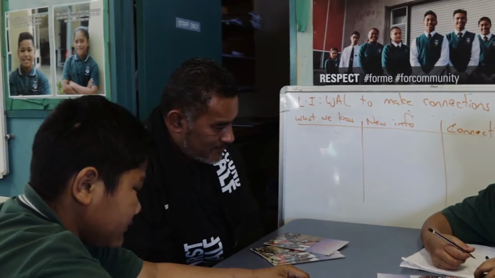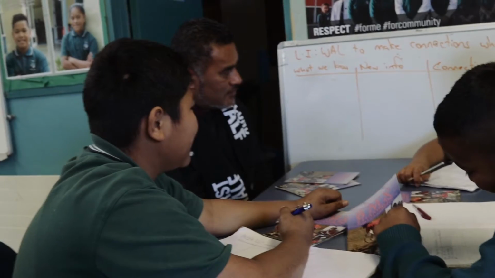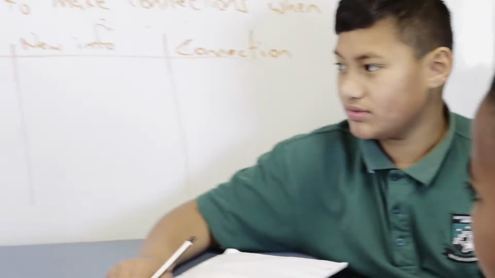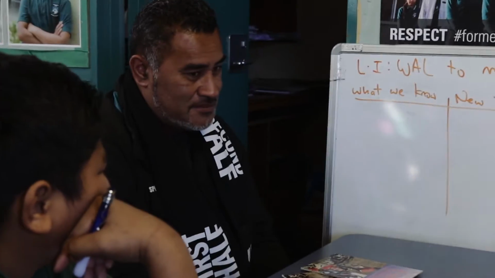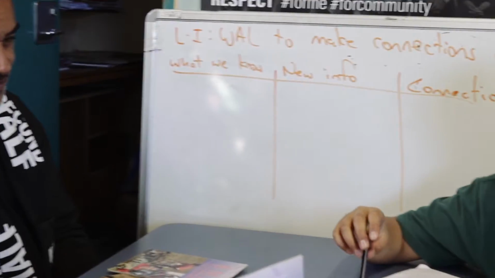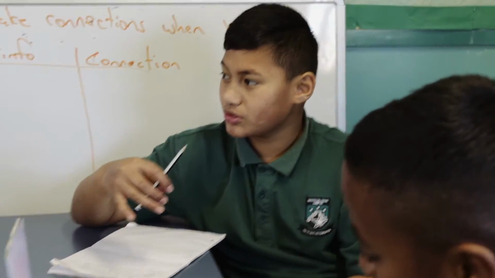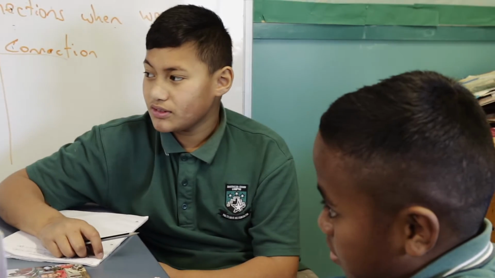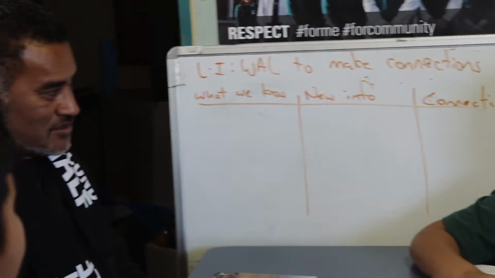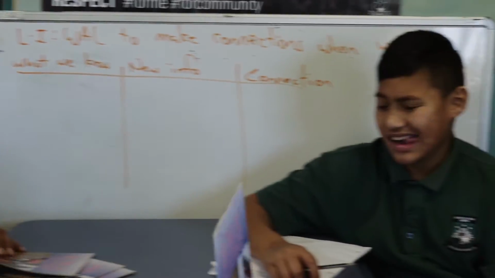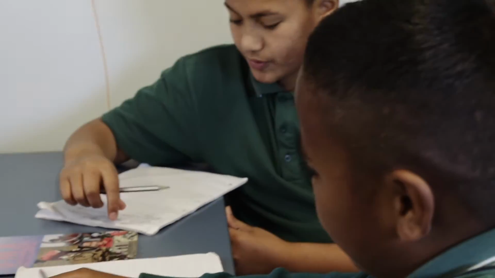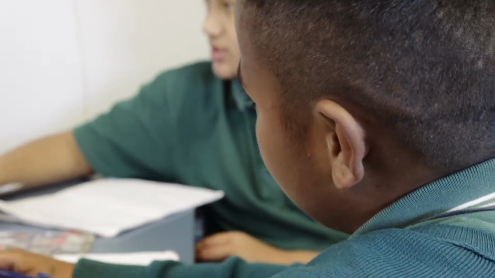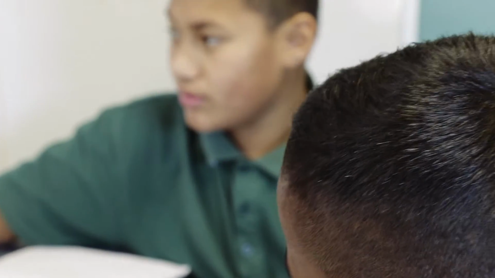Okay, we'll read the outline. We are learning to make connections when we read to help us understand the text. Very good. So when you're reading, what does it mean to make connections? What are you doing when you make connections when you read the book? Look for words, or look for new information. Yeah, that's part of it.